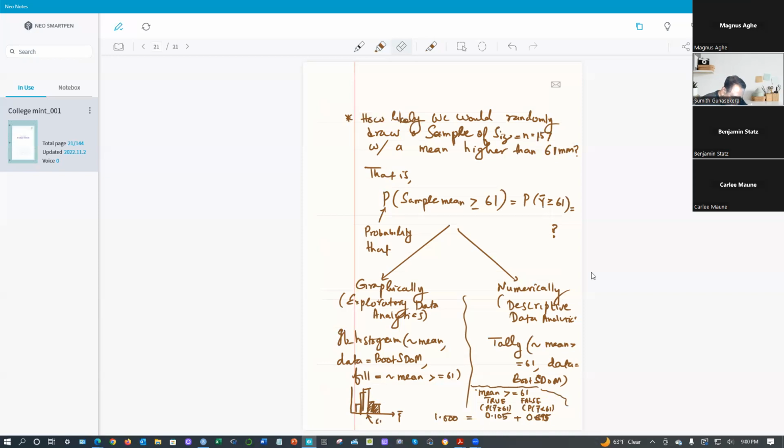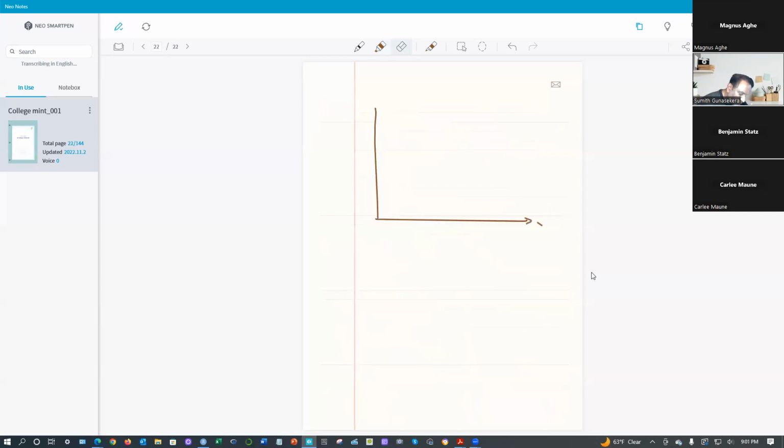This is the probability of y bar greater than or equal to 61, which is 0.105. If I draw that one more time on this side, and this is y bar.